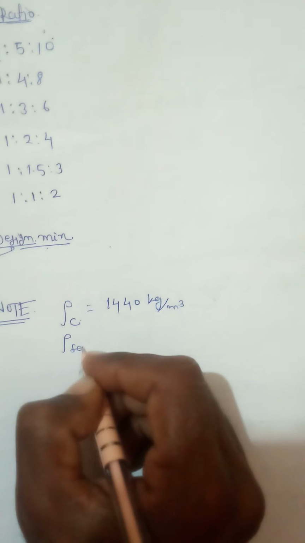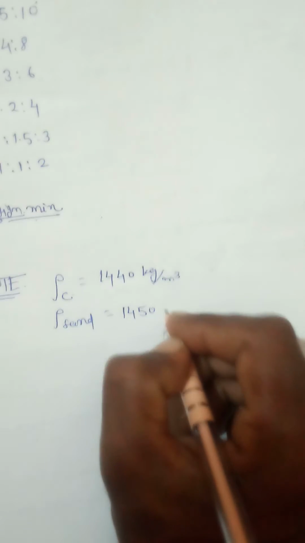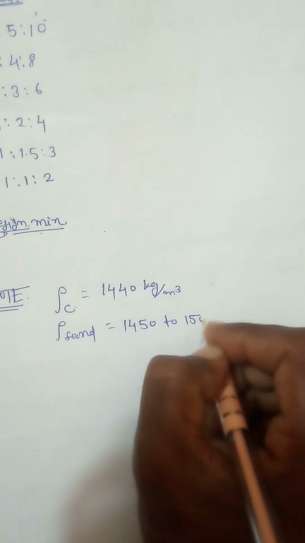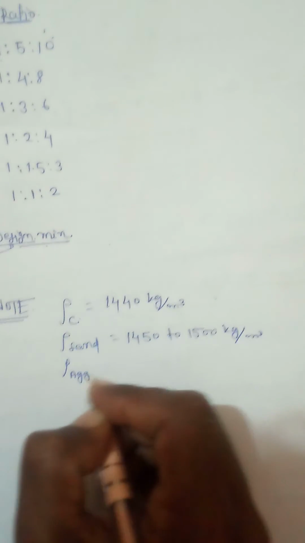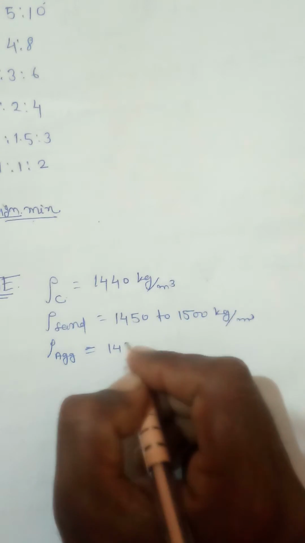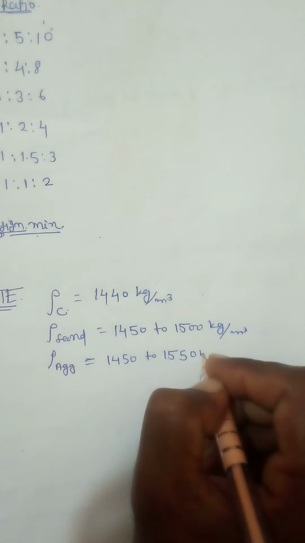We know the density of cement is 1440 kilogram per m³, the density of sand lies in the range 1450 to 1500 kilogram per m³, and the density of aggregate lies in the range of 1450 to 1550 kilogram per m³.